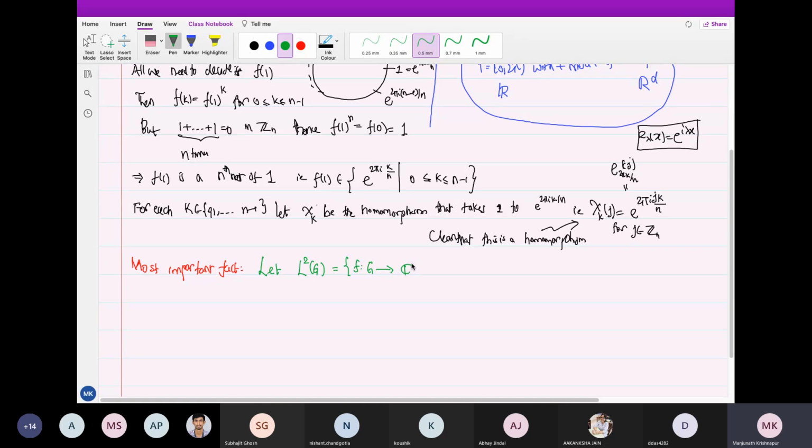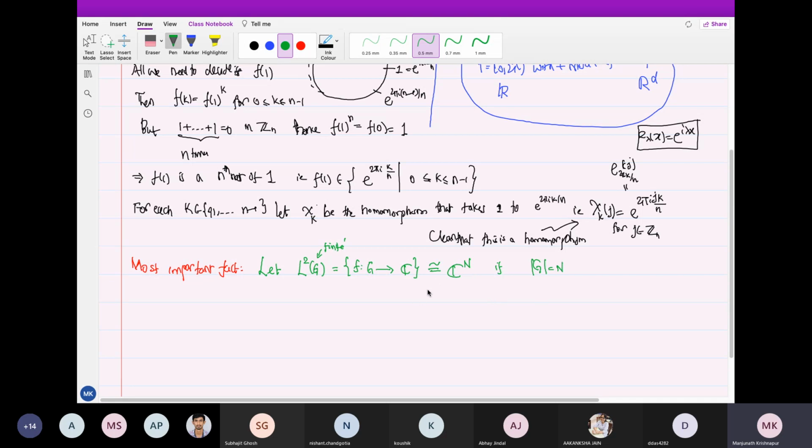Okay, so here for me at the moment it is finite. So G is a finite set like Zn. So L2 of G is all the functions from G to C, which you can also identify with C^n if the size of G is n, right?